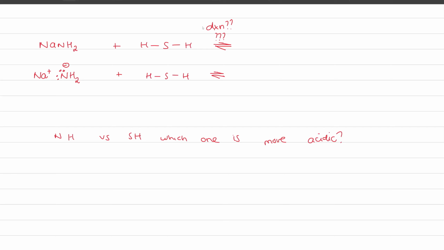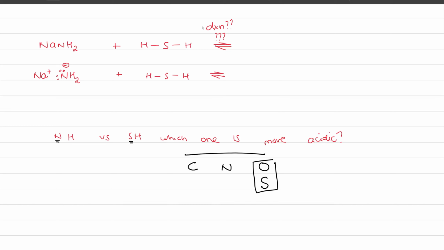We don't consider size. Size is only when the elements are in the same group. These are in different groups, left to right. Let me look at the periodic table. The periodic table will have C, N, O, and sulfur is somewhere down here.